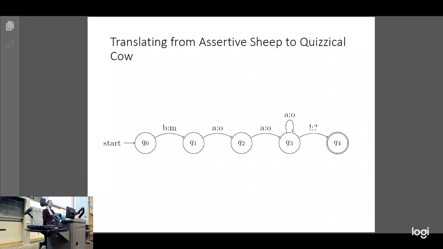And this will work for any string that's part of the sheep language. It will convert it to the equivalent string in the cow language, because we have this loop here that means that we can handle an infinite number of different inputs. Any questions about this?